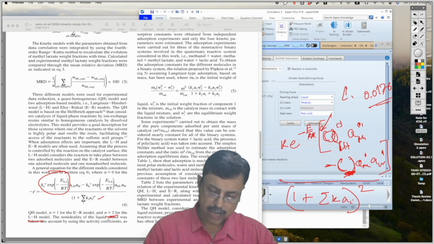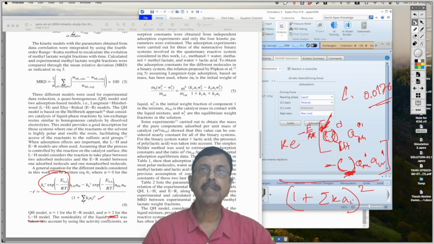So for 1, here we have to give the exponential term.